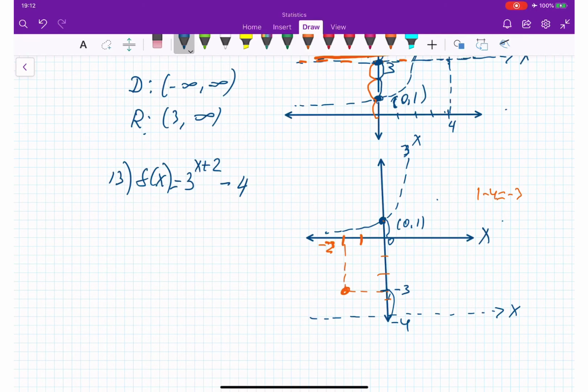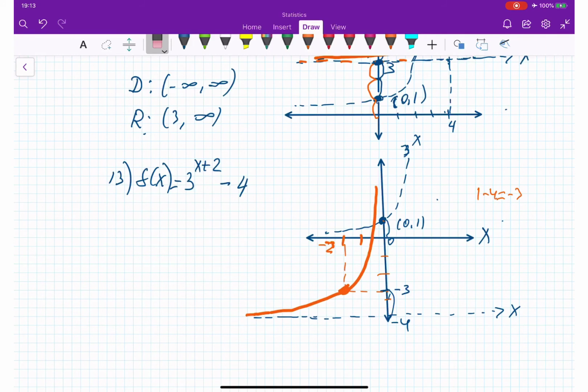Okay, which means the graph is going to run like this. It's going to go parallel and come to, or maybe I can do a little bit better job with this. Okay.